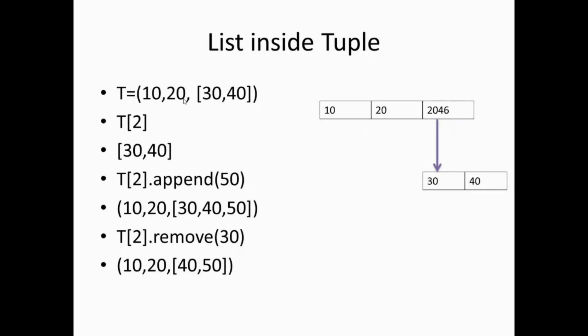See here, 10, 20 are the tuple elements. 30 and 40 combined form a list, which is also a tuple element, the last tuple element, because it stores only an address value, that is 2046 for this example. Internally, 2046 points to 30, 40, which is a list.